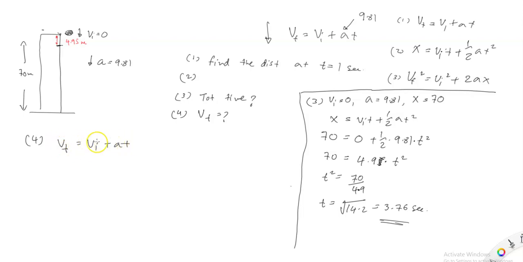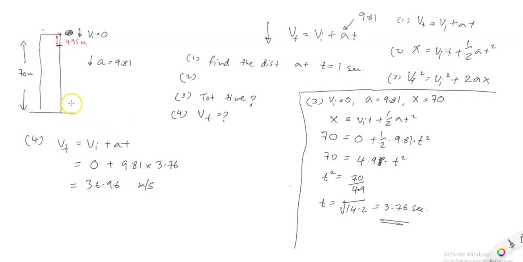V final equals V initial plus AT, which is 0 plus 9.81 times the time. We just found out that it takes 3.76 seconds to hit the ground. So what's the final speed? Multiply by 9.81, 36.96 meters per second.